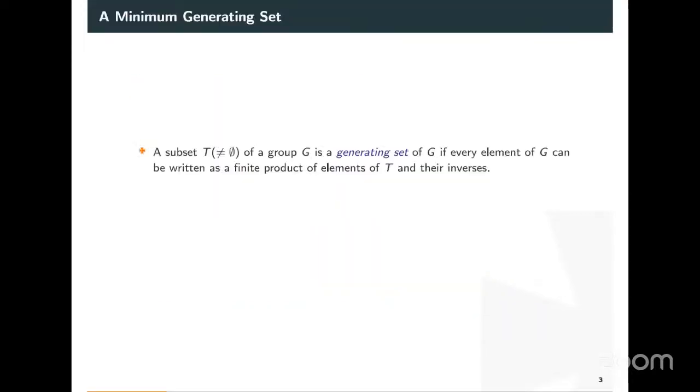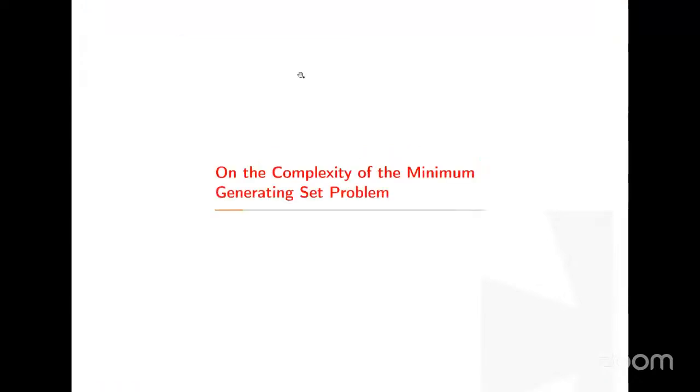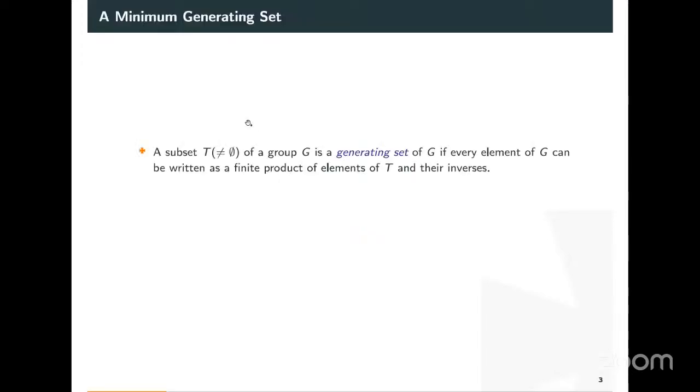It is called the minimum generating set problem. First let me define a generating set. A subset T of a group is called a generating set if we can represent every element of the group by elements of T or their inverses in a finite product.